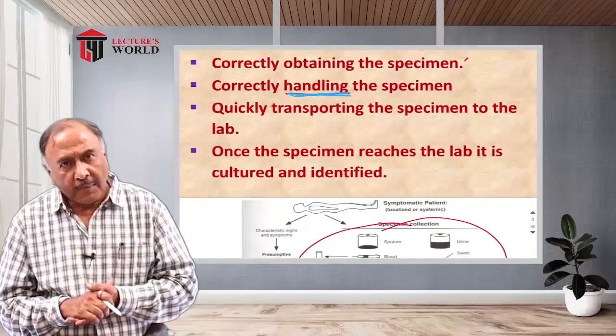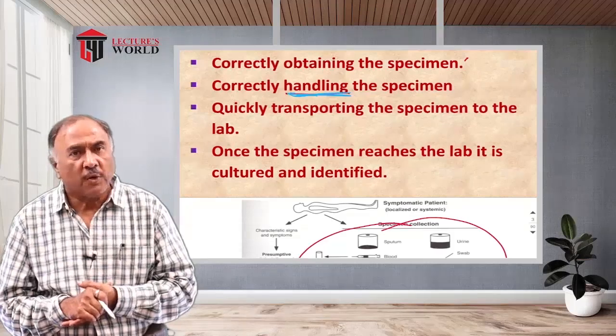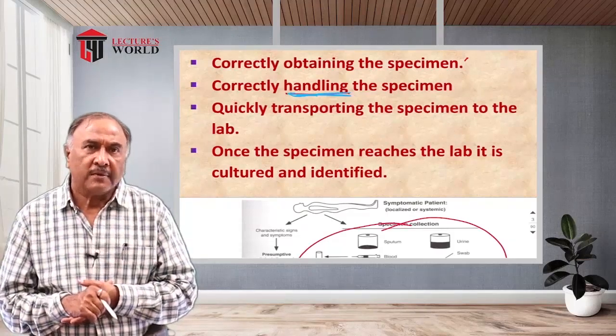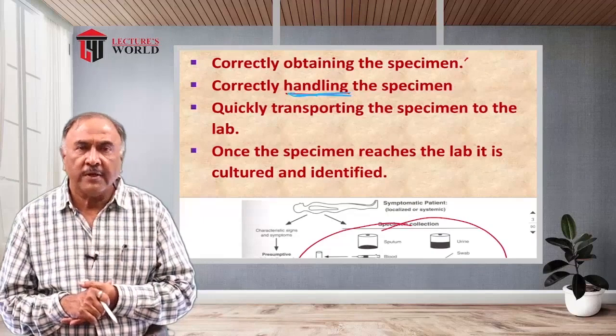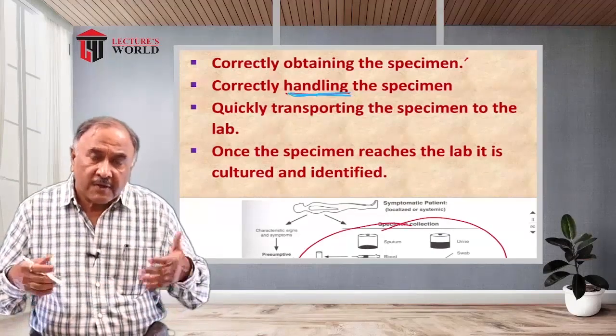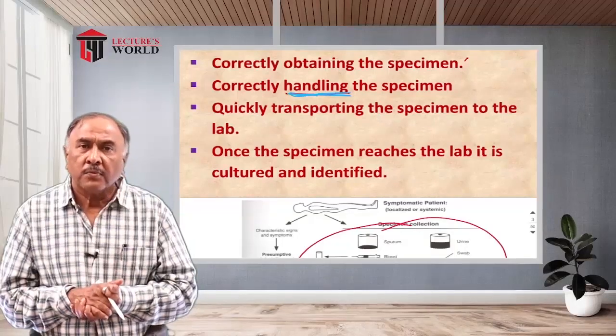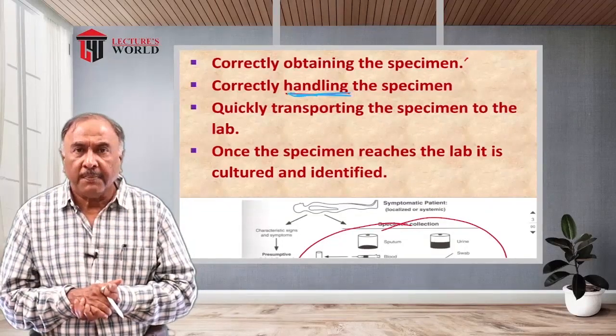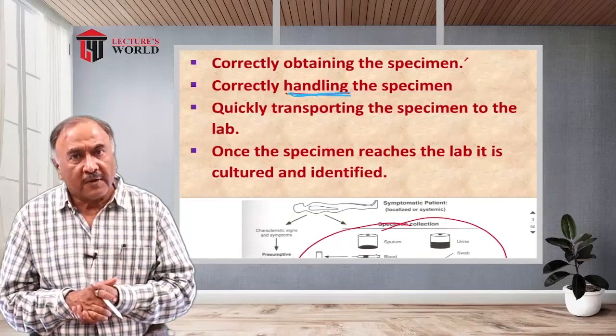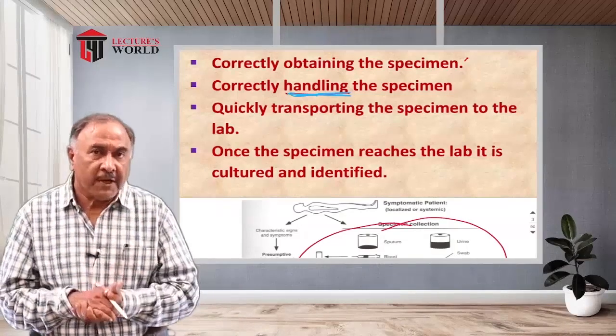That is, proper storing of the specimen at a low temperature so that the specimen is not deteriorated, and contaminants and other things may not overgrow. So, it should be properly preserved. If necessary, certain preservatives can be added.